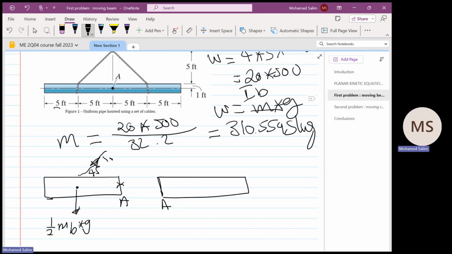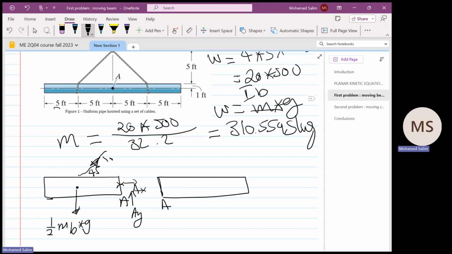What else? What forces do we have at point A? Do you have forces at point A? Why? Because point A wanted to move in X or in Y, but the other part makes a resistance. So we have here AX and AY.